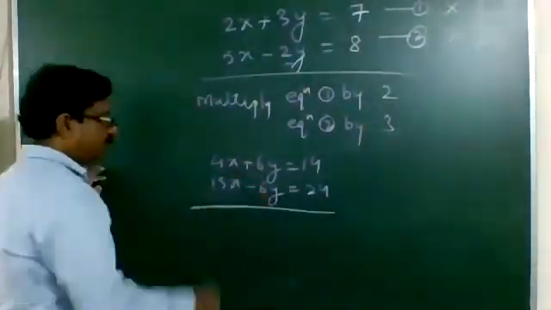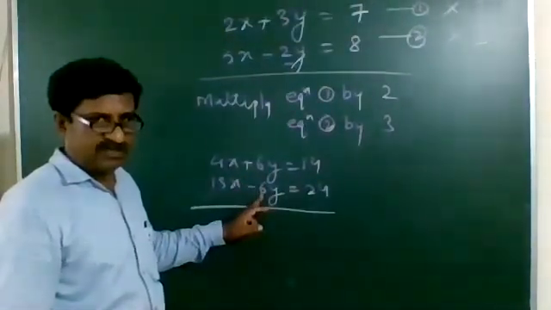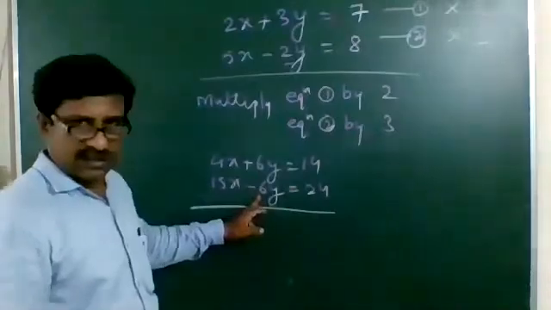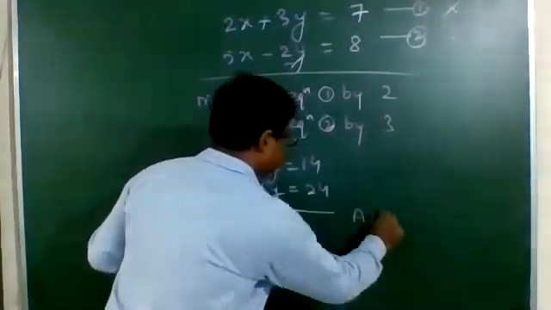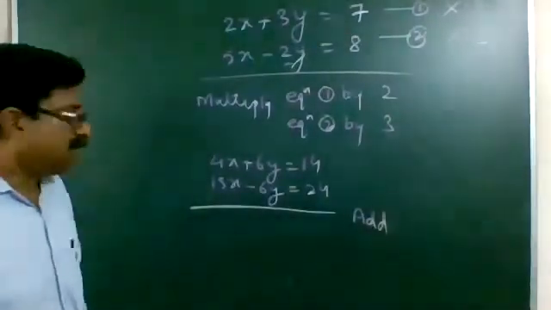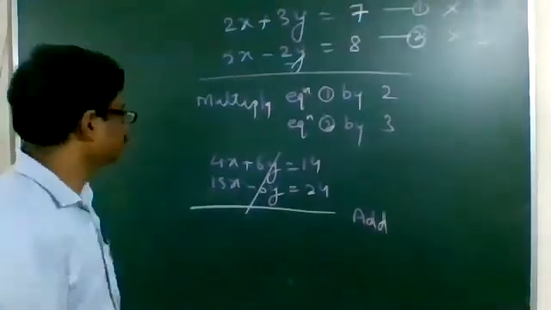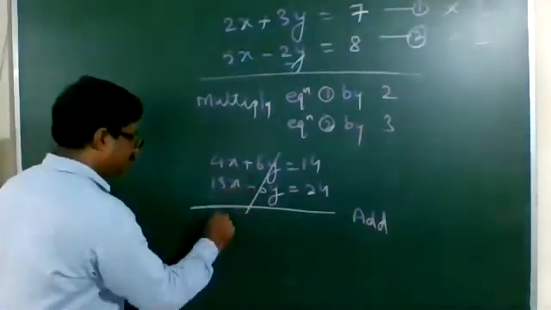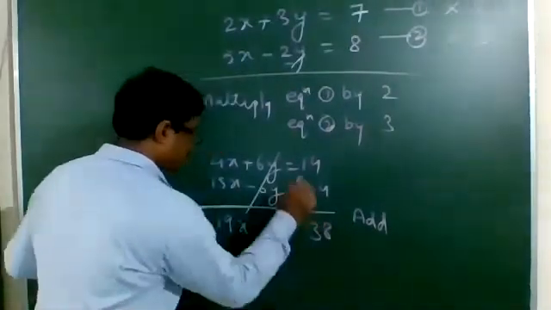Which we want to eliminate, their signs we got different, and the coefficients we got the same. Therefore, we add. And if we are adding, these two are cancelled. 4x plus 15x, we got 19x equal to 38.